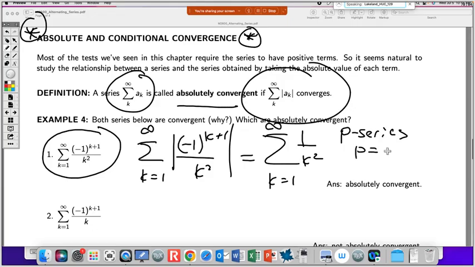What's p? 2, which is bigger than 1. So it converges. So we use the word absolutely convergent because the series of the absolute values converges. You follow? That's absolutely convergent. What about this next character?